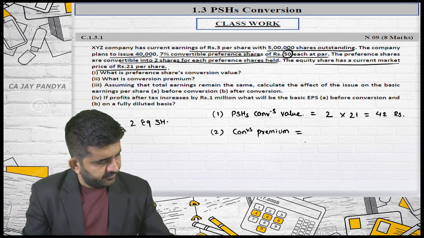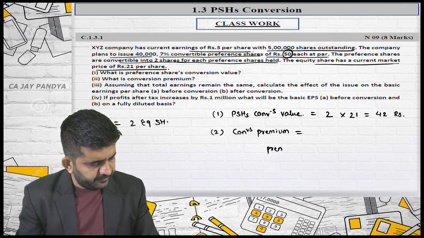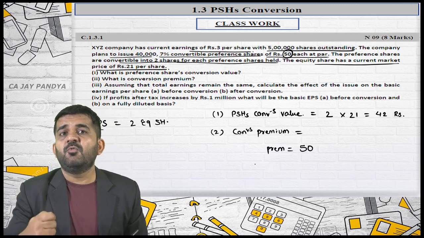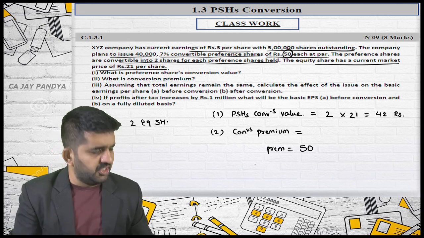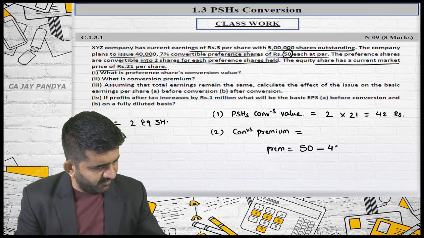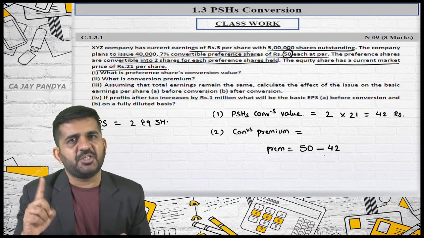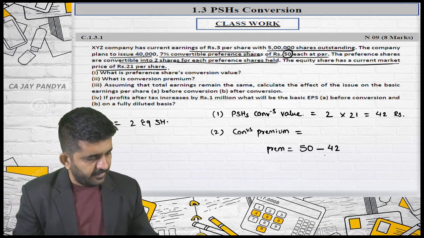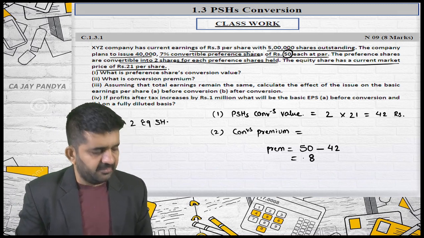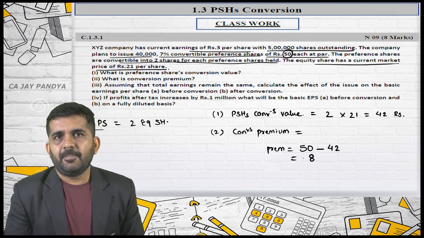That's correct. So it is 50. If it is converted into equity shares, what is the value? 42. You cannot take 21 because one preference share is equal to two equity shares. So the premium is 8. Is it alright? What does this mean?